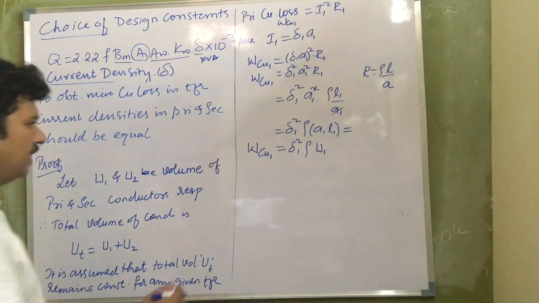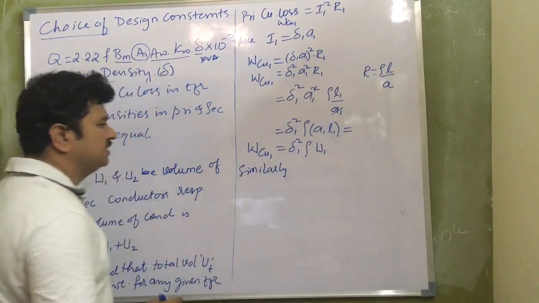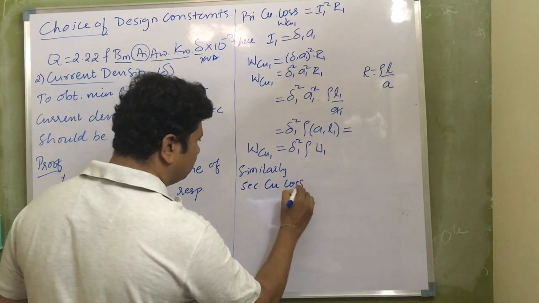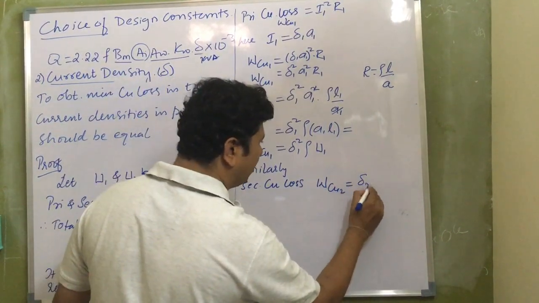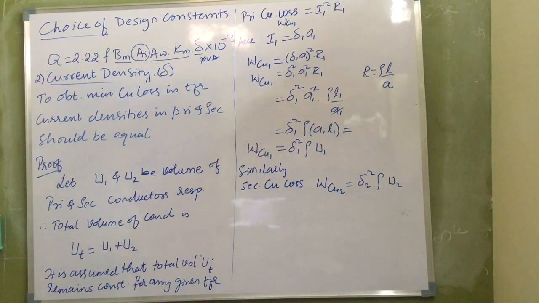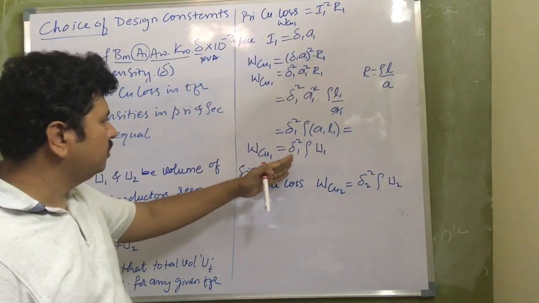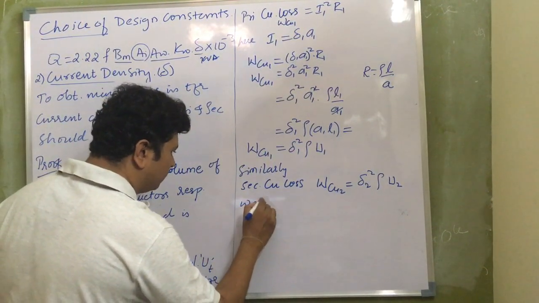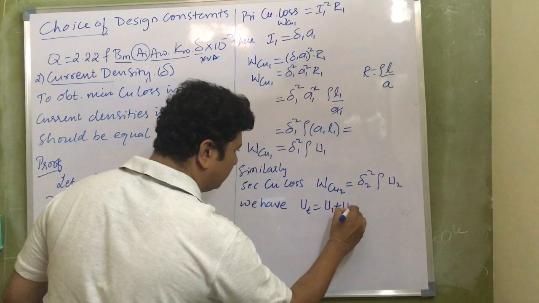Similarly, the secondary copper losses, WCU2, I can write as delta 2 square rho into U2, because that will be I2 square R2. If I go along the same lines, I will get delta 2 square rho into U2. We have UT equal to U1 plus U2.